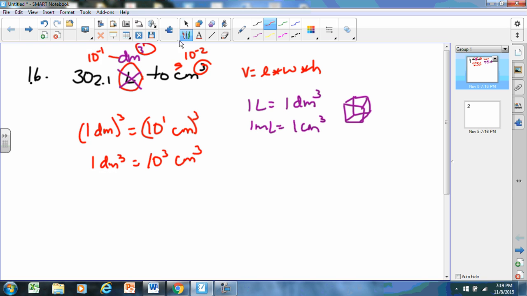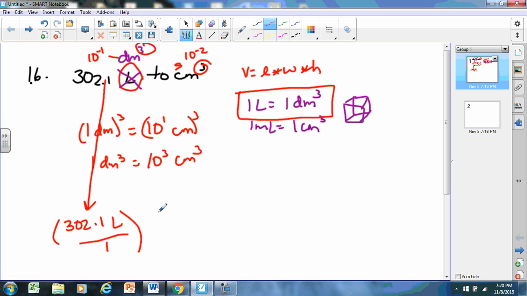What makes something a level 4 is when you copy down the original problem, 302.1 liters over 1, the first thing you have to use is one of these. And always use it on the given. 1 liter is a cubic decimeter.